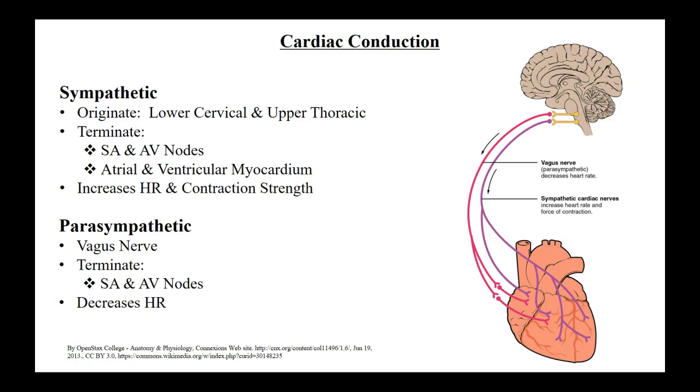If epinephrine and norepinephrine are positive chronotropic agents, what's released from the parasympathetic? Anybody remember what neurotransmitter? I think you guys got it. ACH. Yeah, acetylcholine.